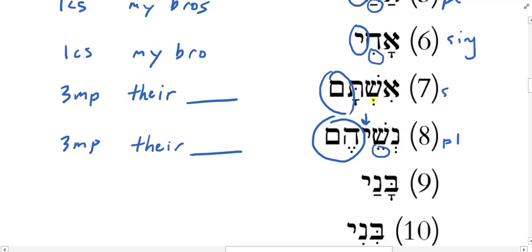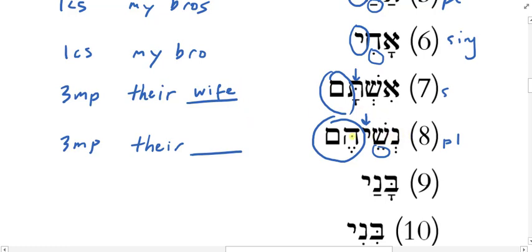What's my vocabulary word? Isha. It's not ish. I've got this tav marking it as feminine, right? So this is isha. So this is their what? How many? One. So they have one wife. That's disgusting. Okay, their wife.